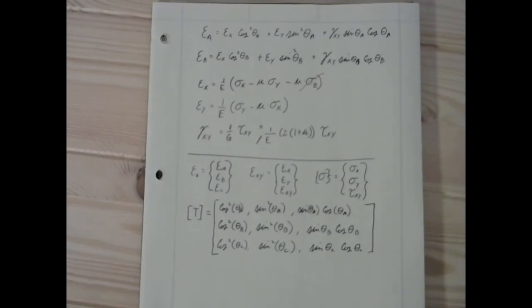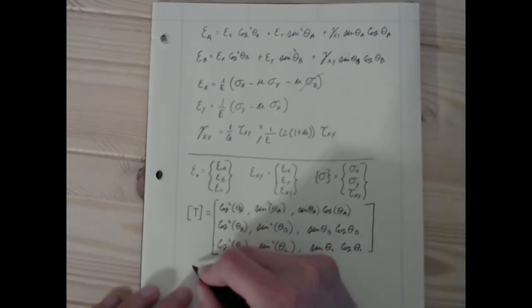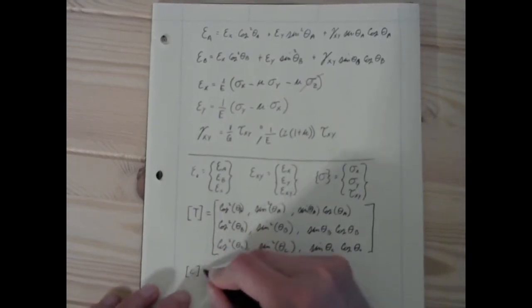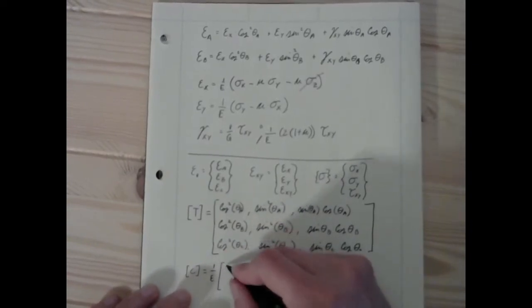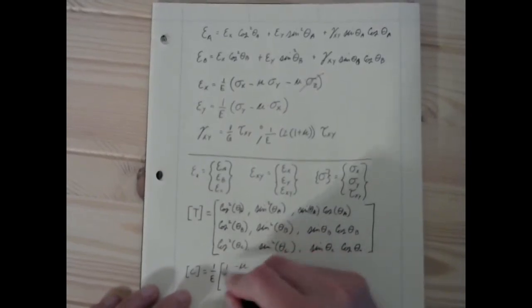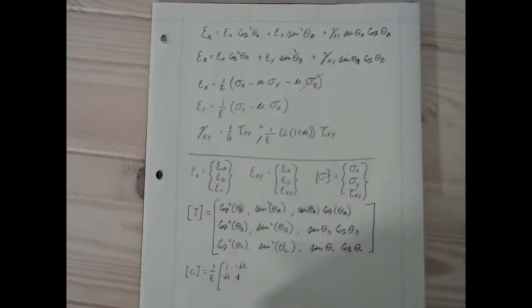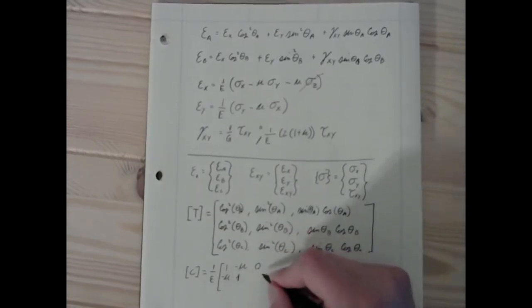And then for converting from normal stresses and shear stresses into strains, we're going to have our constitutive matrix C, which is going to be 1 over the Young's modulus, and then 1, and then negative Poisson, 1, because the normal stress in the x direction is 1 over E, and then negative Poisson over E for the normal stress in the other direction, and then 0, of course, for the shear stress.